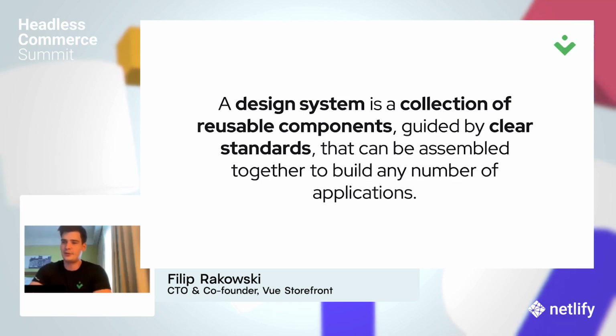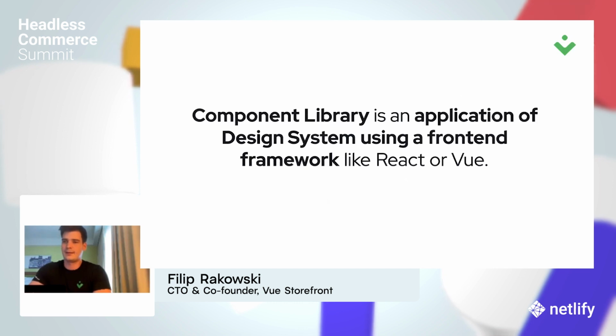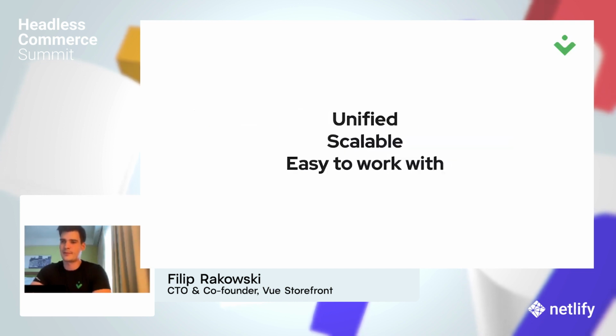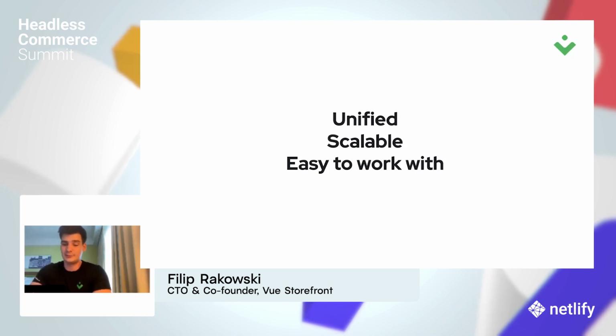This way, we can be sure that all components follow the same rules. Developers adapt the design system in one of the front-end frameworks by creating a library of reusable components that are then used throughout the whole project. This way, we can keep our interface unified, following the same rules, scalable, and easy to work with.